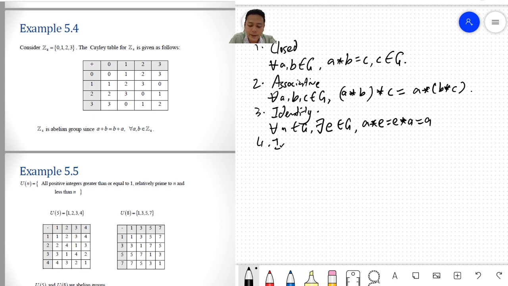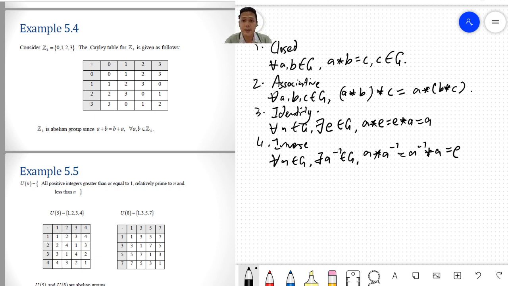For inverse, for every element in G, there exists an inverse in the same G such that A binary operation A inverse is equal to the E. If you satisfy these four, then it is known as a group.